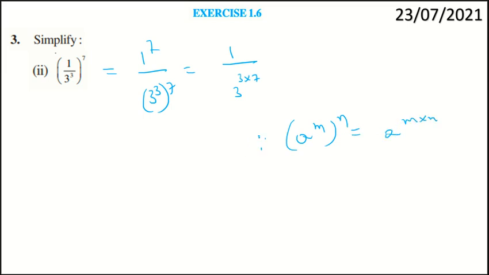So using that, this (3 power 3) whole power 7 can be written as 3 power 3 into 7. Now 1 upon 3 power 21, 3 sevens are 21. This is the answer.